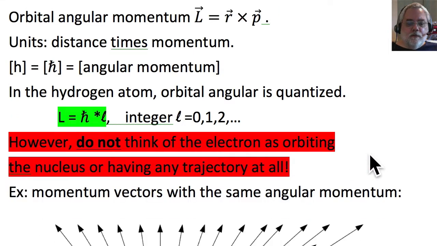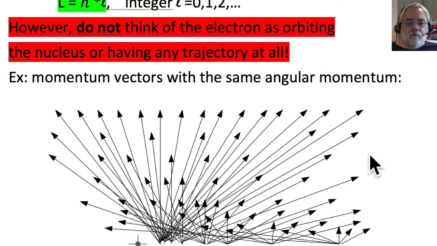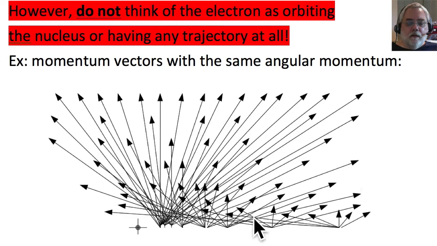So let me show you the following. Here is the nucleus of the atom, at this crosshair. What I've done here is I've taken various starting positions of an electron that is bound to this nucleus, and I've drawn a whole bunch of momentum vectors starting from the different positions.